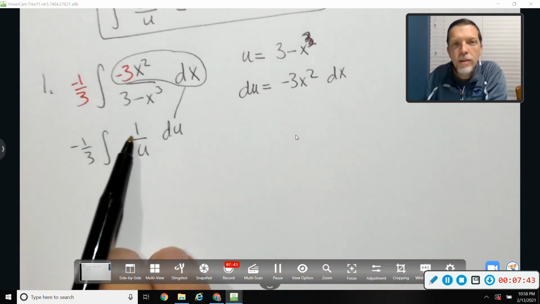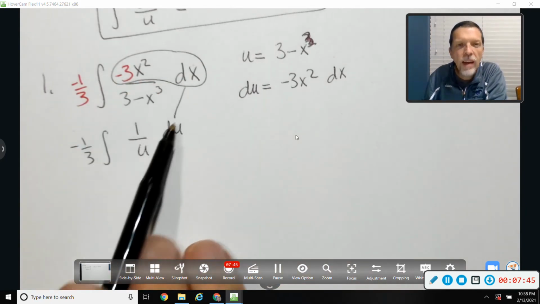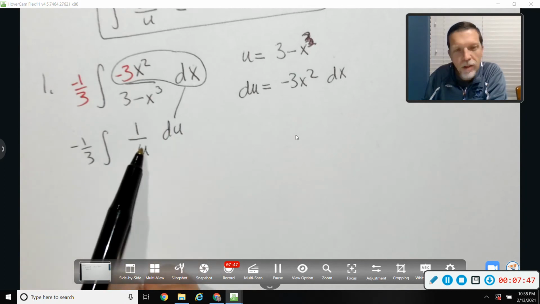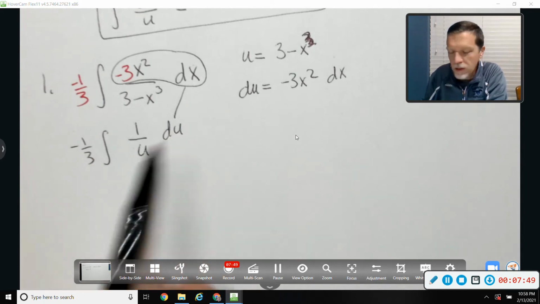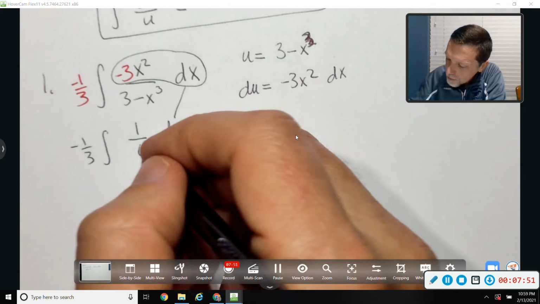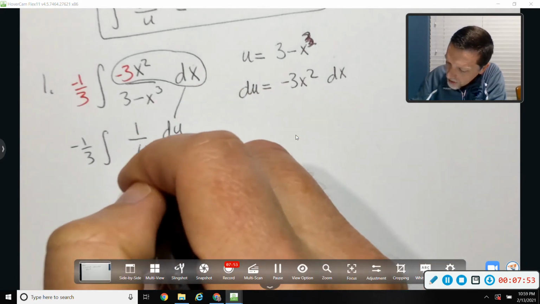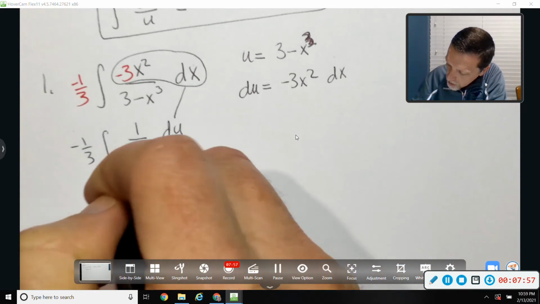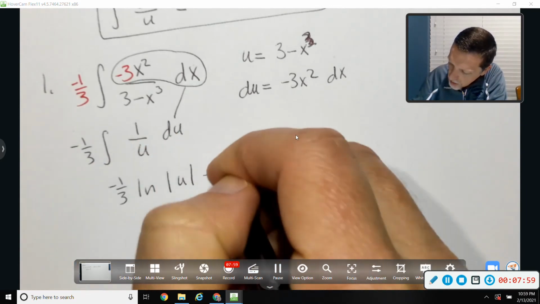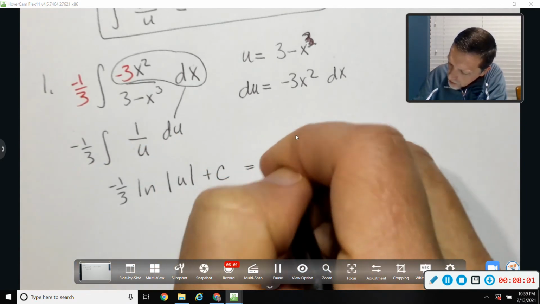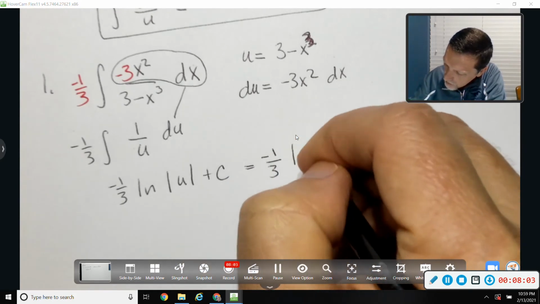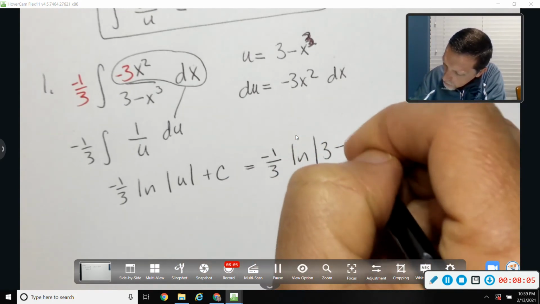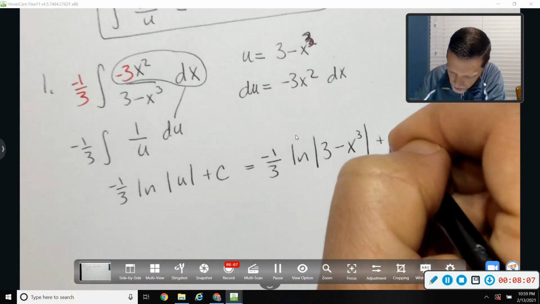And we have to get to the point where we recognize that. You just have to get to the point where du over u, or 1 over u du, you know that that's natural log. That's the natural log of the absolute value of u plus c. And then we have to put u back in there. Natural log of 3 minus x cubed plus c.